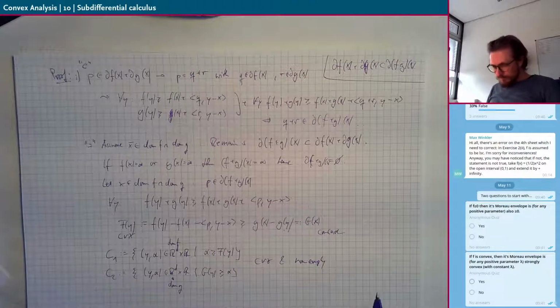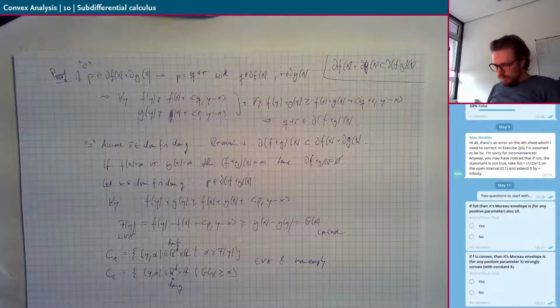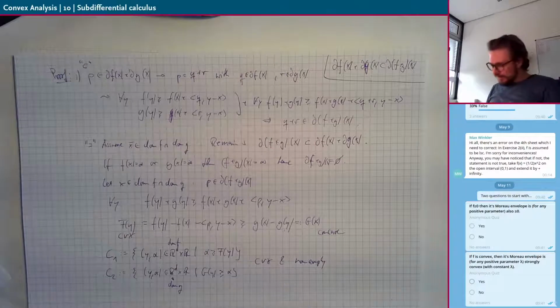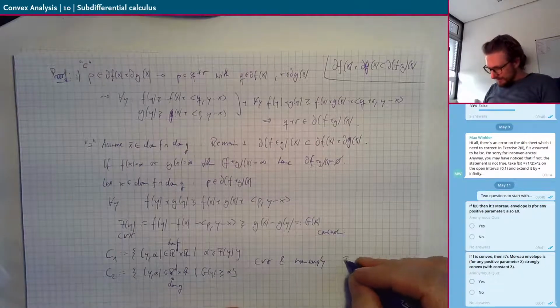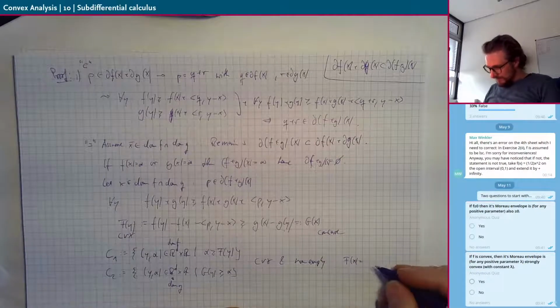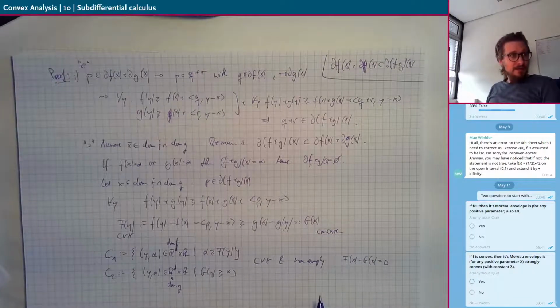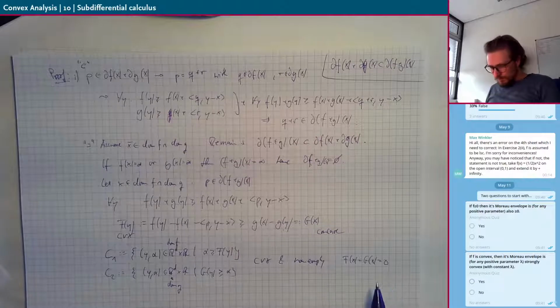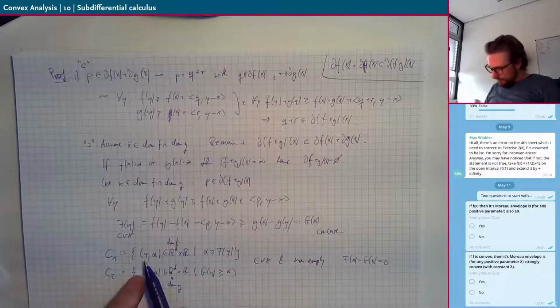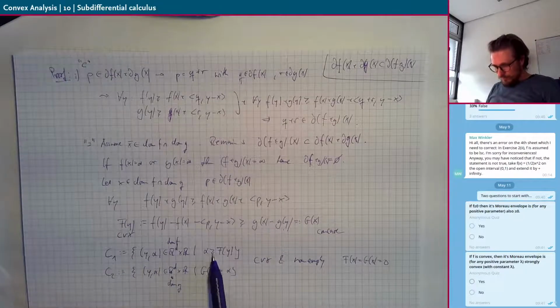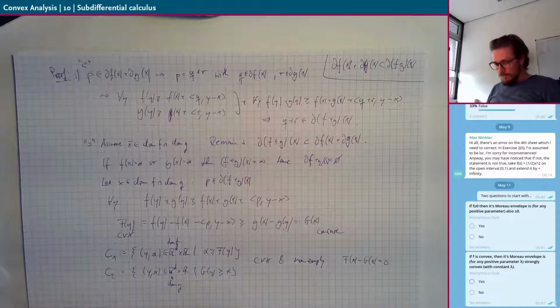Why? Just note that F(x) and G(x) are 0, so you can just put in (x, 0), and then this works and this works too. So they both are non-empty.